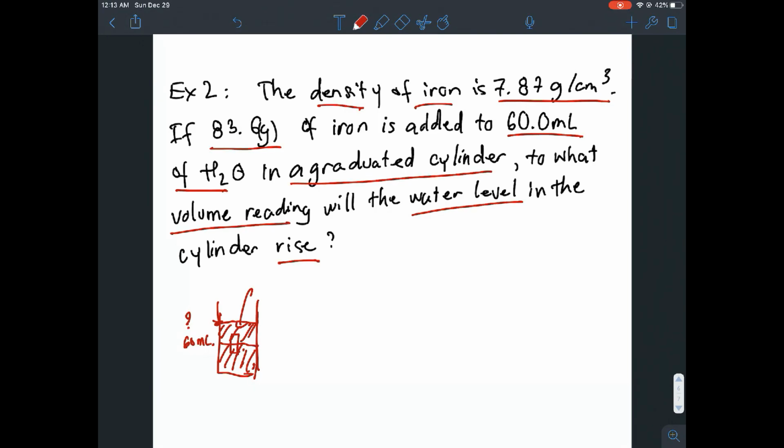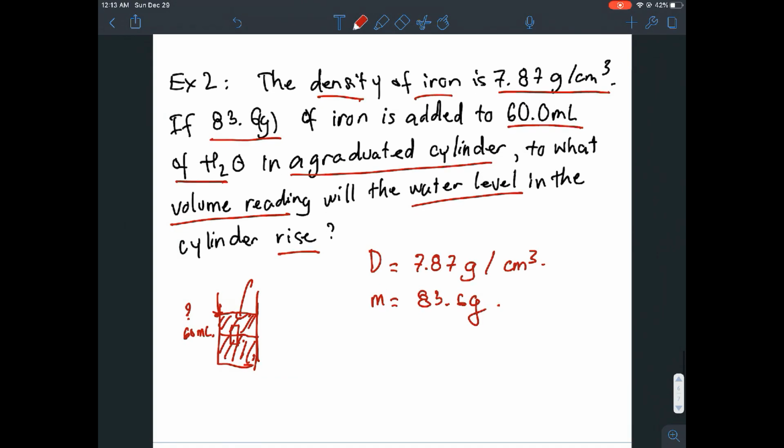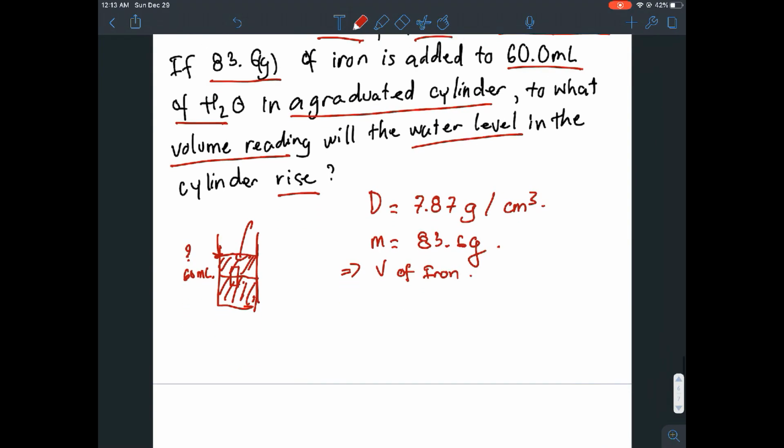So the question gives you D is equal to 7.87 gram per cubic centimeter. It also gives you the mass of the iron is 83.6 gram. What you are going to find is the volume of the iron.